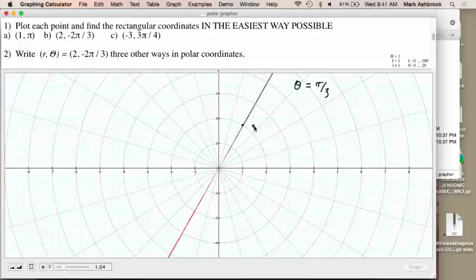Let's do, we got 1, 2, and 3, so let's do 4. So this is the point 4 comma pi over 3. How would we express that point 4 comma pi over 3 in rectangular coordinates as an ordered pair x and y?